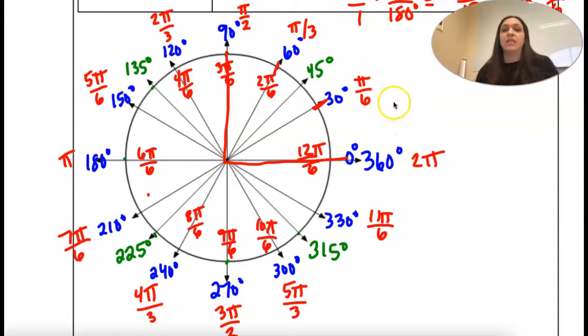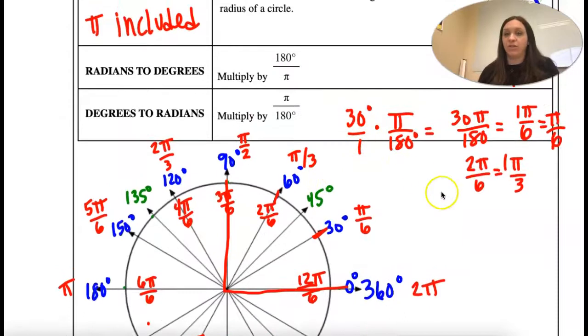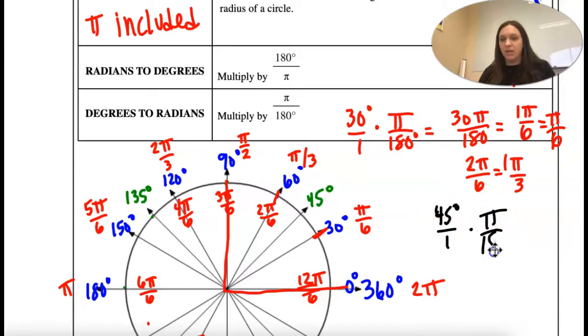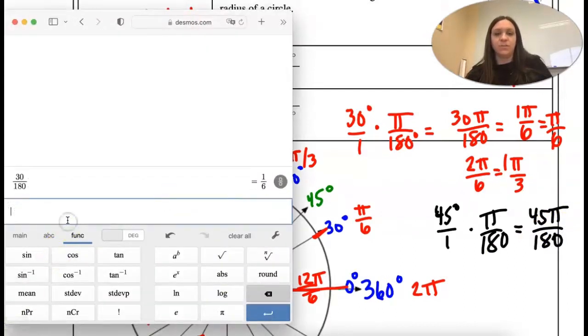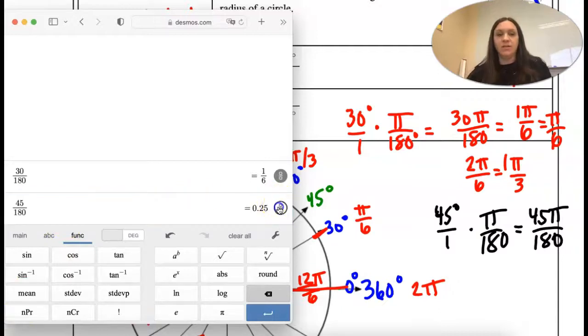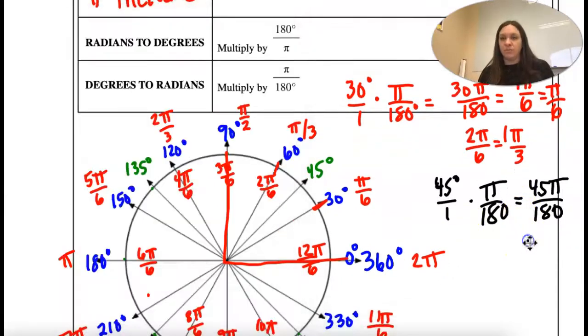Now I'm going to do the exact same thing with 45 degrees. 45 degrees to radians, I would take 45 times pi over 180, so I have 45 pi over 180. I'm just going to reduce 45 over 180, which is 1/4. So 45 degrees is pi over 4.